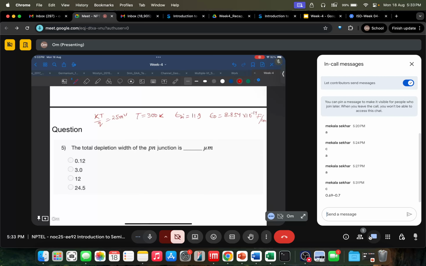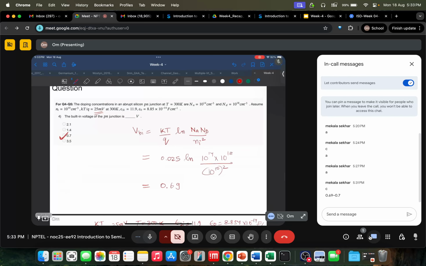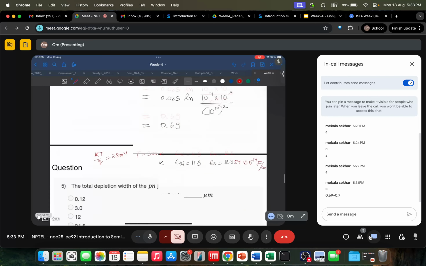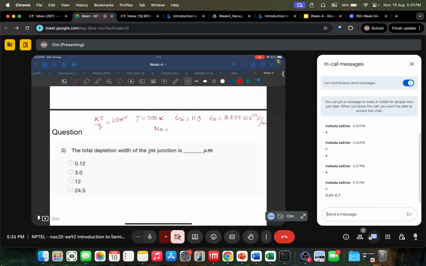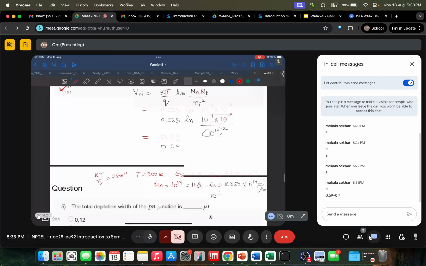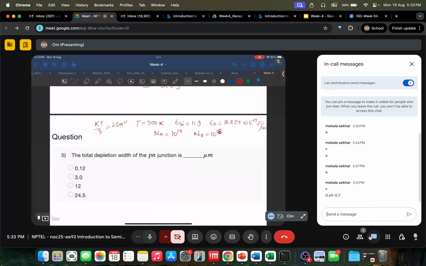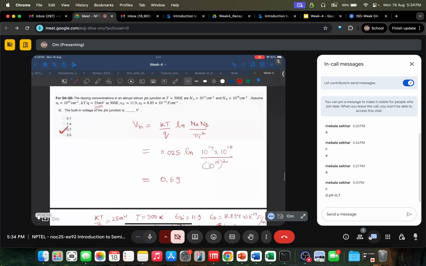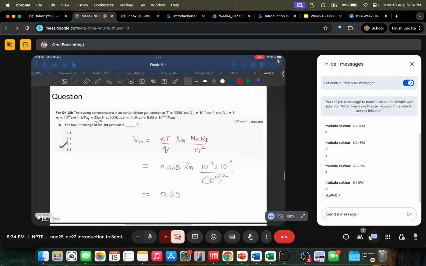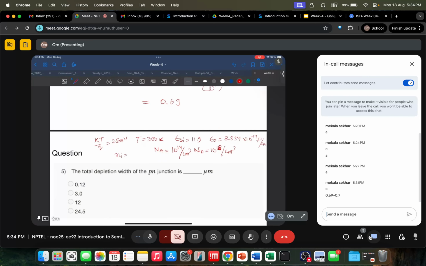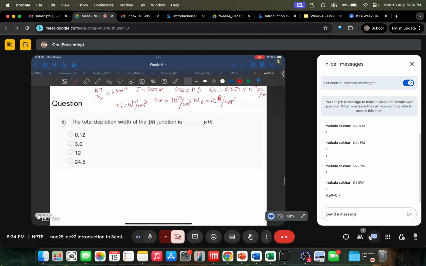Na is 10 to the power 14 and Nd is 10 to the power 18 per centimeter cube. We have to find the depletion width WD.